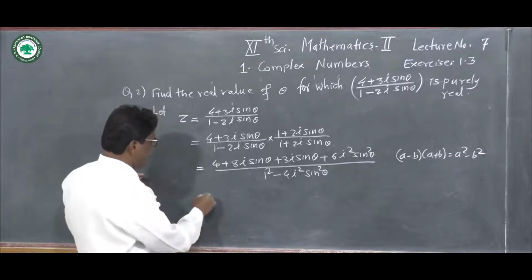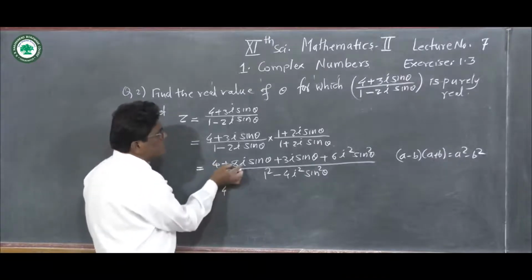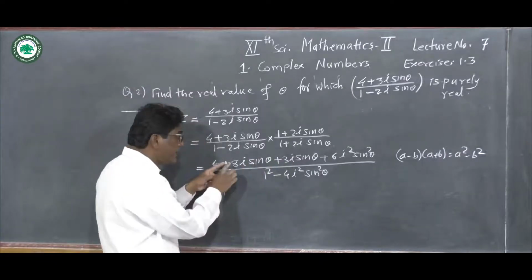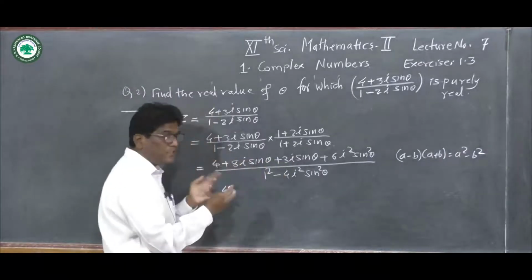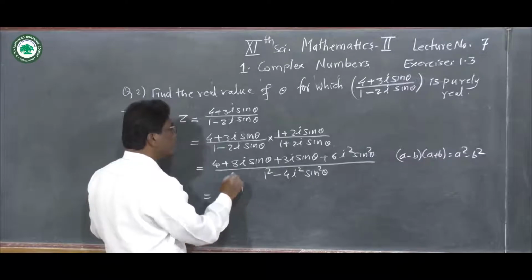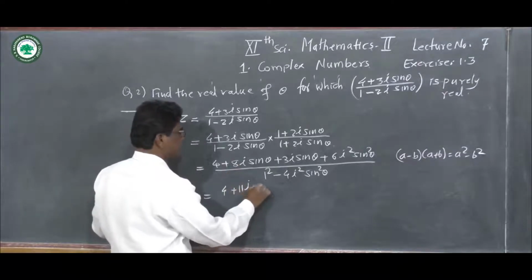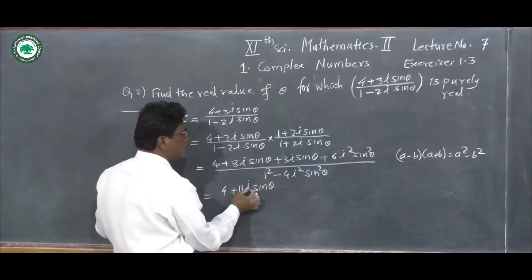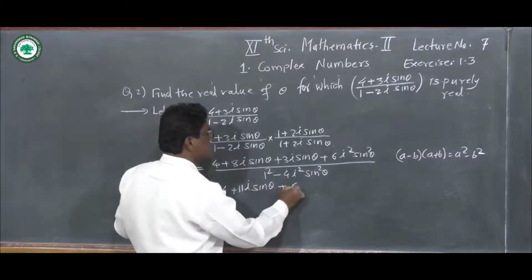So we get here 4 as it is. This 8i sin theta plus 3i sin theta, that means 8 plus 3, that is 11i sin theta. Plus here 6 as it is.